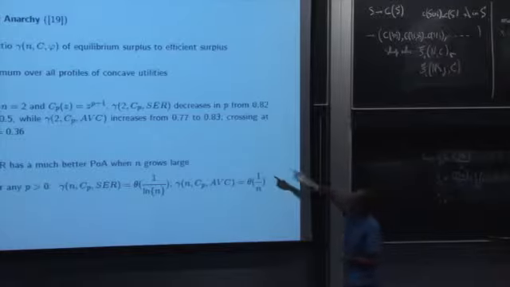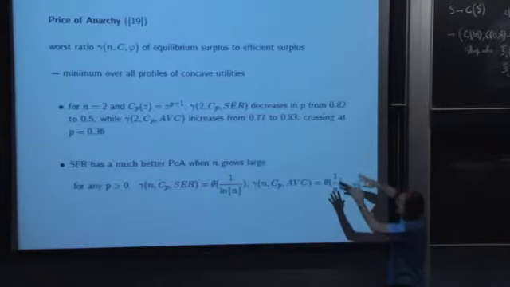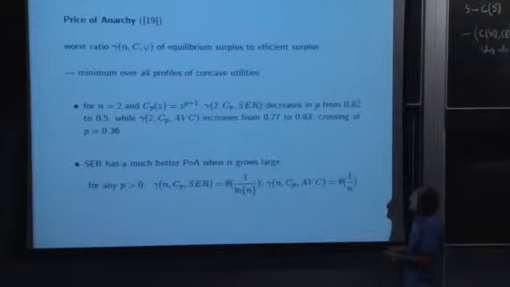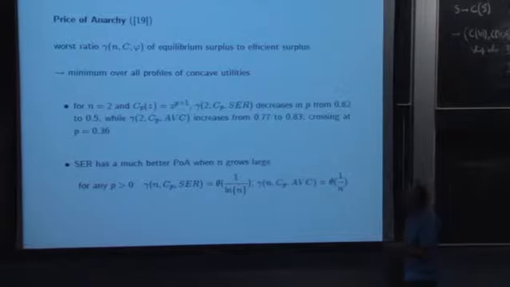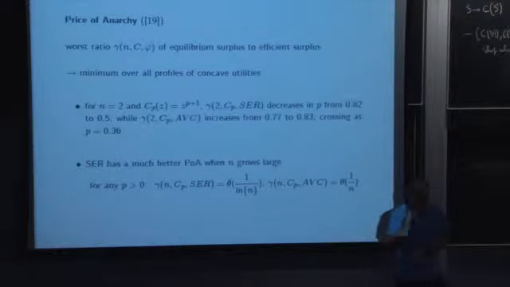And I want to take this ratio to be the minimum of this ratio, equilibrium surplus to efficient surplus, over all profiles of concave quasi-linear utilities.